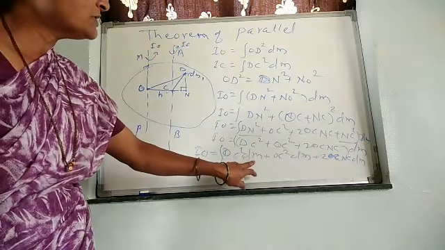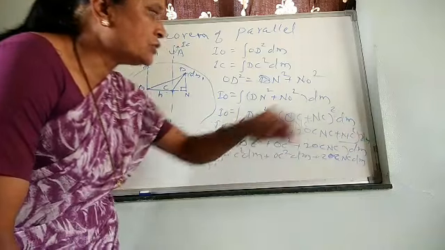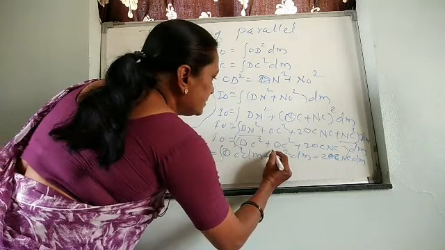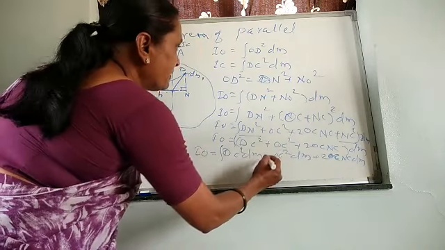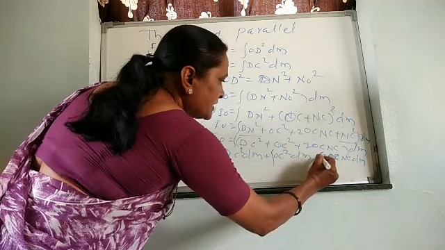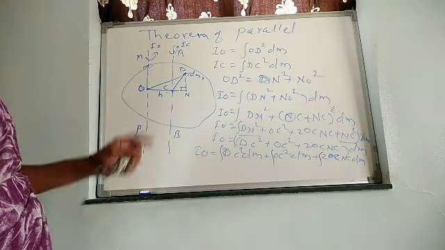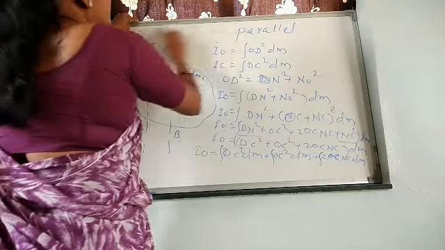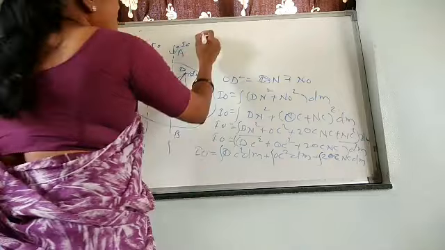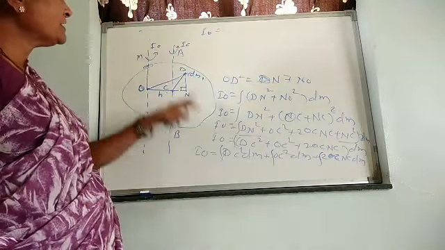That is integral DC square dm plus OC square dm plus OC into dm. This we can write integration separately: integral OC square dm plus integral twice of OC into NC into dm. Now we can write this as IO is equal to, as you know, what is this DC square dm?